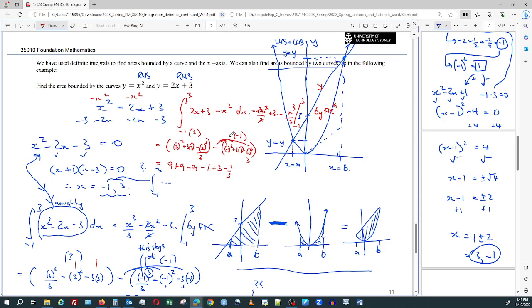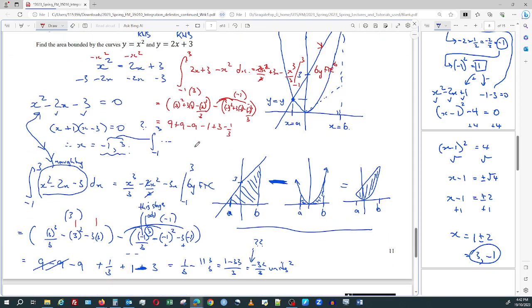Now how does that differ from what we've got down here? So let's cancel a couple of things. We've got a 9 and a minus 9. Minus 1 plus 3 will be 2. So we'll get 9 plus 2 minus 1/3. Who can tell me what's going to happen? 11.